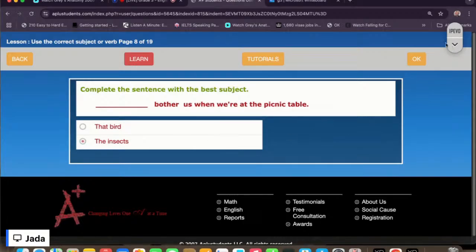So the insects bother us when we're at the picnic table.